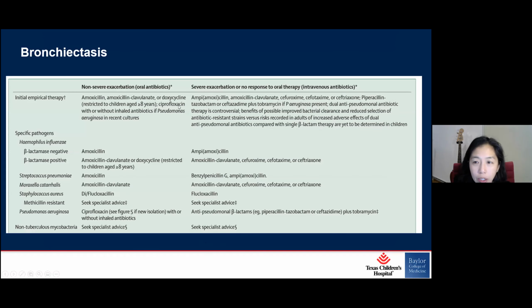For antibiotic treatment, you can see here, again, Augmentin is the primary drug of choice, except if they happen to have developed Pseudomonas. And Pseudomonas can be a big problem, right? Because you get these biofilms and it can be very difficult to clear.